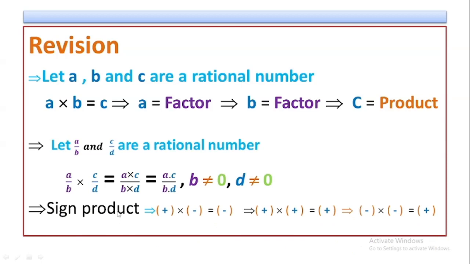Before deciding the product, first we have to decide the sign of the factors. Positive times negative is negative, positive times positive is positive, negative times negative is always positive. So by using this rule, it is easy to answer the question.